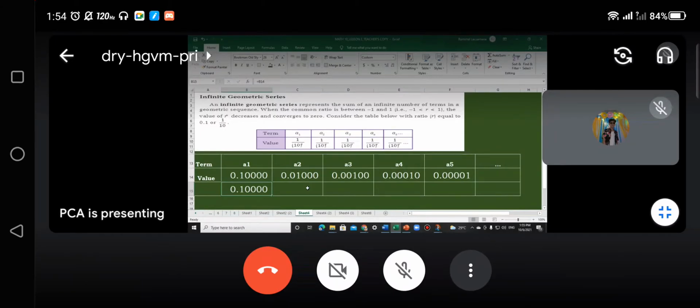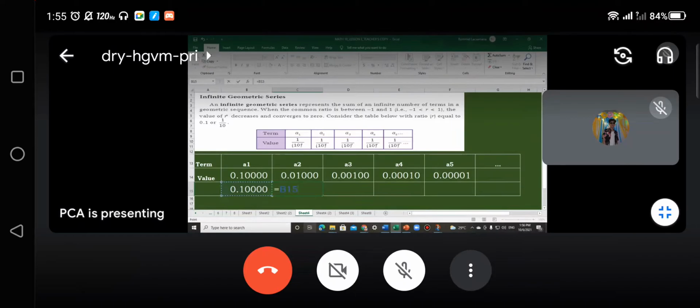Tignan nyo muna. Itong second term, if I'm going to divide 0.01 over the first term, it's 0.10 talaga. Did you get me? And then that's my ratio.